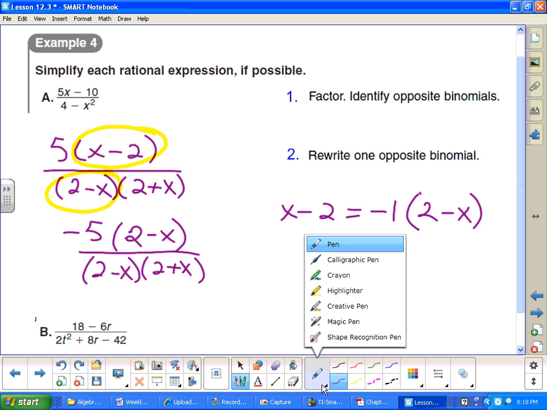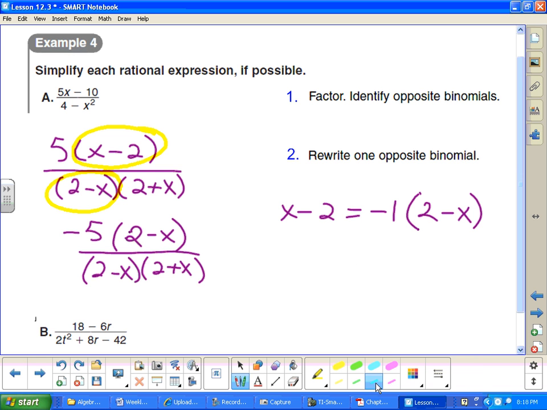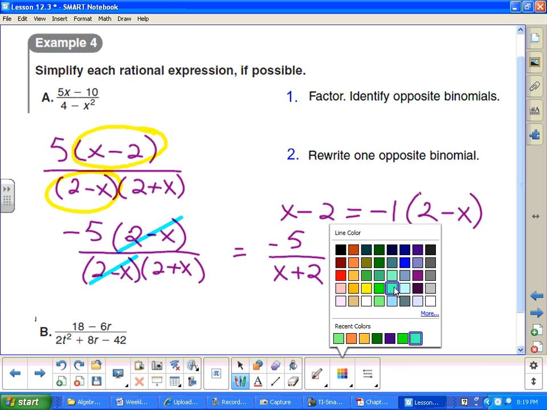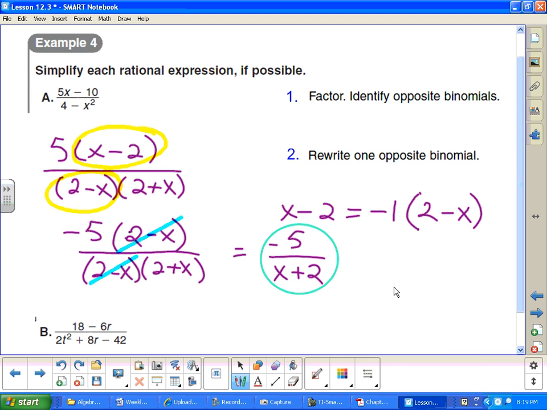Now I have common factor, 2 minus x, 2 minus x. So my answer is negative 5 over, and you could write it as 2 plus x, or I prefer to write it as x plus 2. Okay.